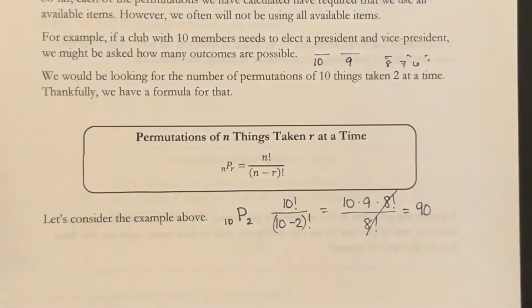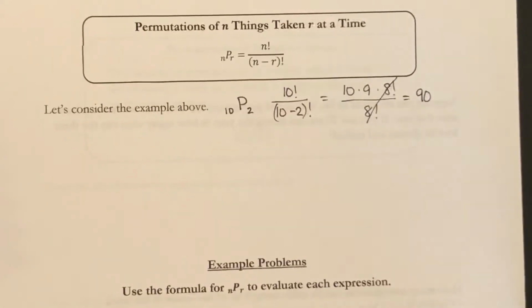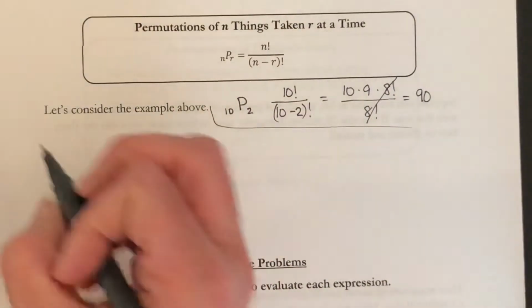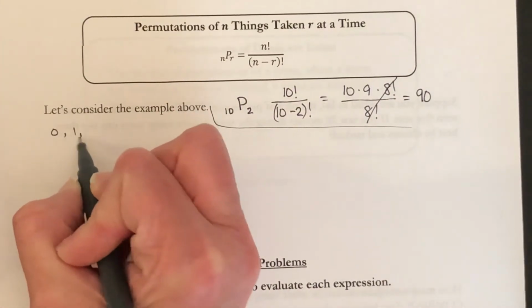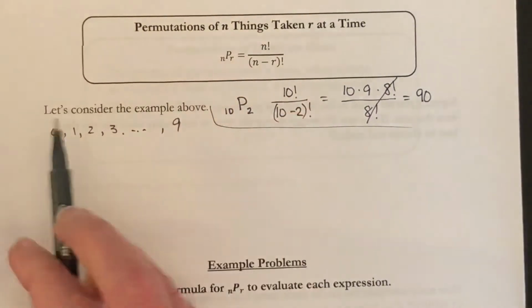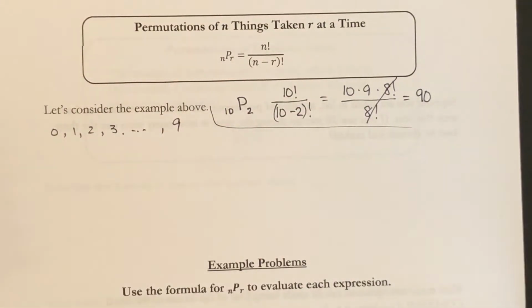Okay. Now, I'm going to do one other little thing here to help you see where these are coming from. So we have 10 members. Let's just give them numbers, starting with 0, 1, 2, 3, and so up to 9. 0 through 9, that's 10 members.